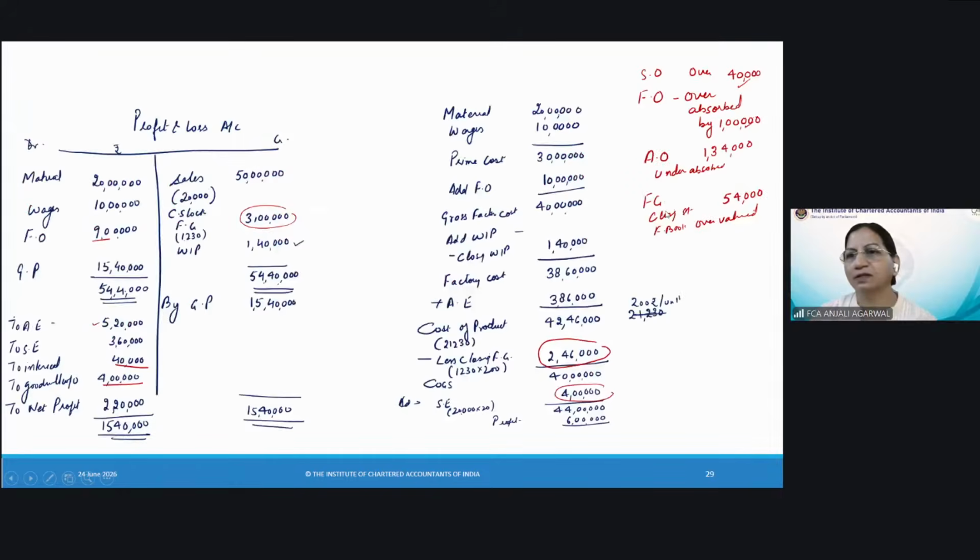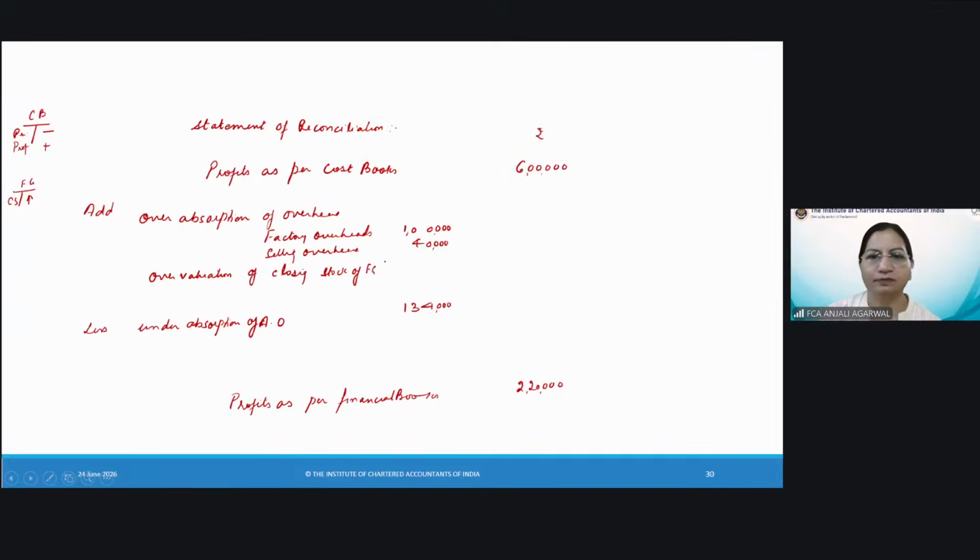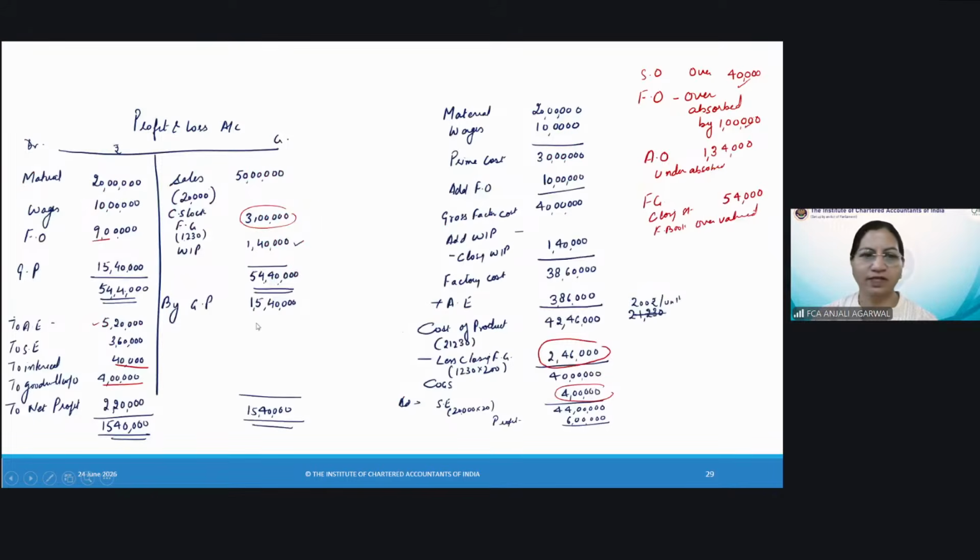How much is that? 54,000. So we have adjusted for under and overvaluation of stocks, and we have adjusted for over and under absorption of overheads. Now we'll talk only about purely financial items or purely costing items.